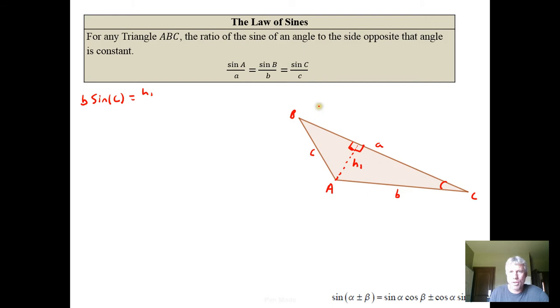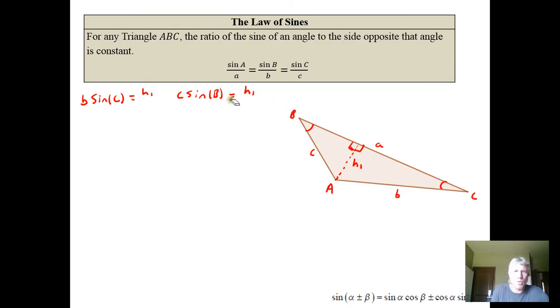Then we go over to angle B and do the same thing. There's a right triangle right here, so the sine of angle B is equal to the side opposite, height 1, over the hypotenuse of this right triangle, which has length C. Multiply both sides by C. So this plays out exactly the same as it did on the previous slide.